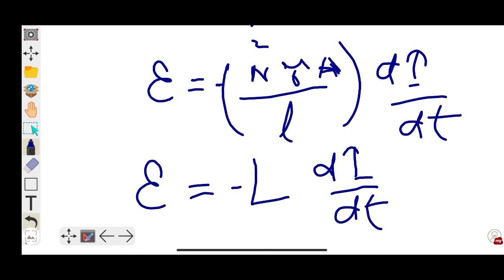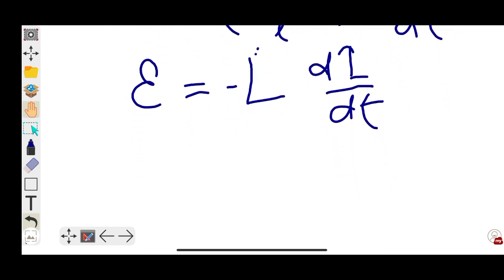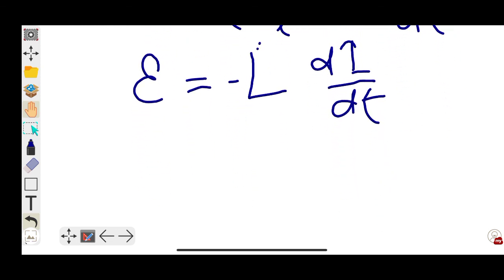If you want to find the unit of L, it is very simple to derive in terms of potential difference, current, and time. The coefficient of self induction is measured in Henry.